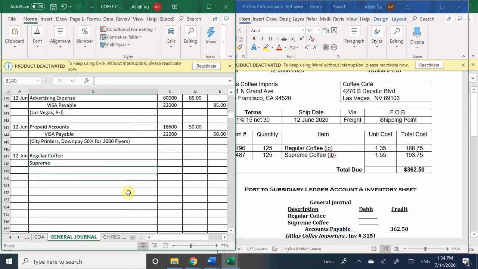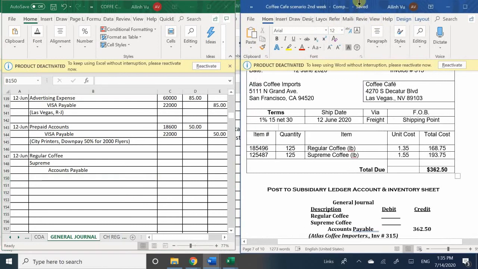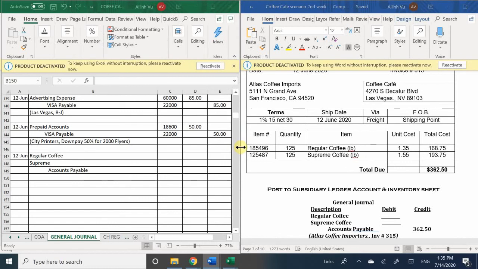Why did you use supreme and regular coffee? Because that's what we got in. It's on the invoice. Why can't we use purchase expense? Because it's not a purchase order. It's already come in.